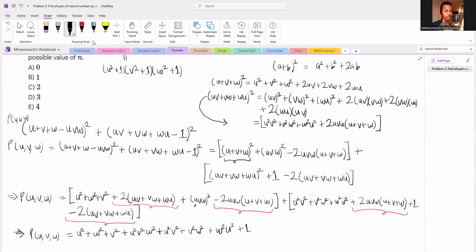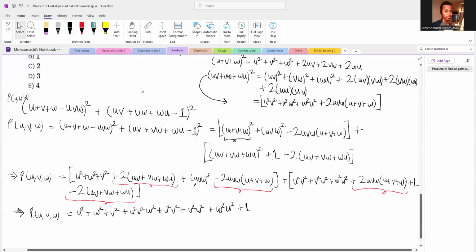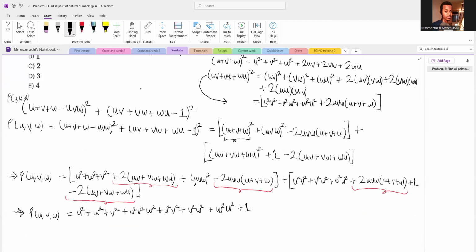Okay, so let's scroll down a bit. So now we can take some time. So recall that when we said V equals 0, we had this term. So let me use a different color. We had U squared, W squared.